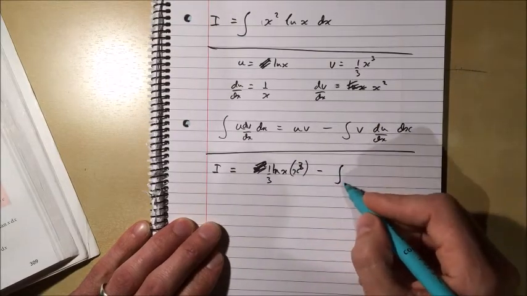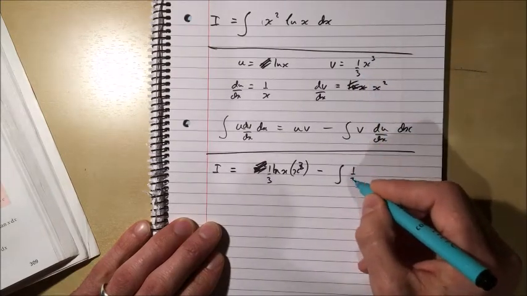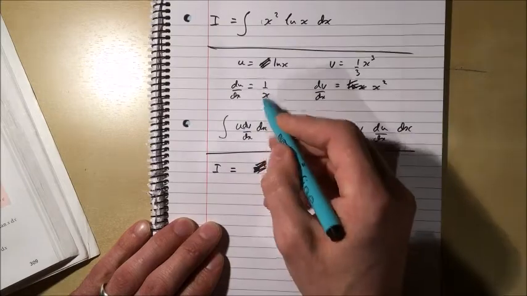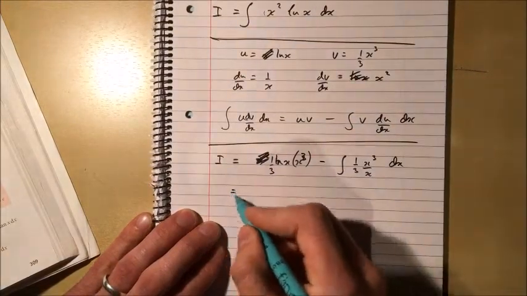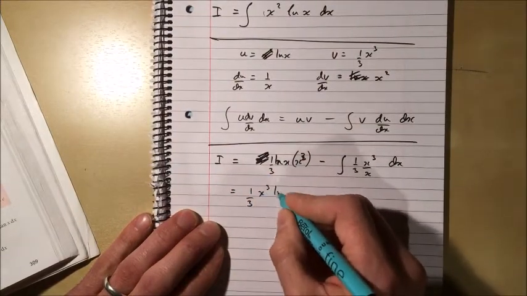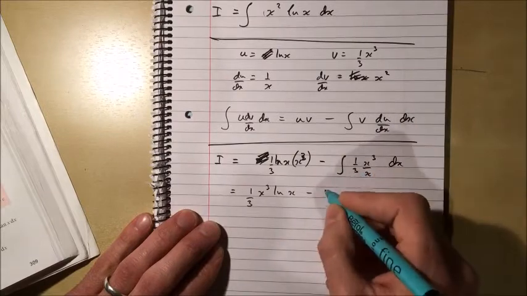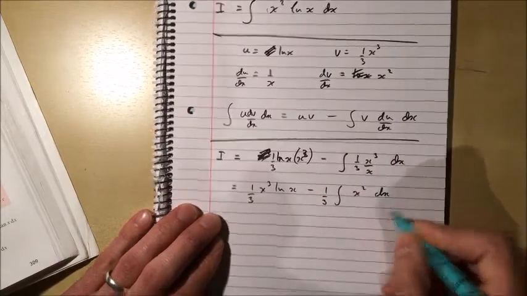Take away the integral of v, which is this one, du by dx. So we get, I'm going to write this more sensibly now, 1/3 x cubed natural log x minus, bring the third out the front of the integral sign, integral x squared dx.